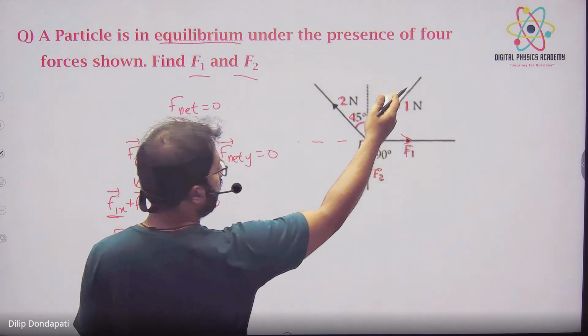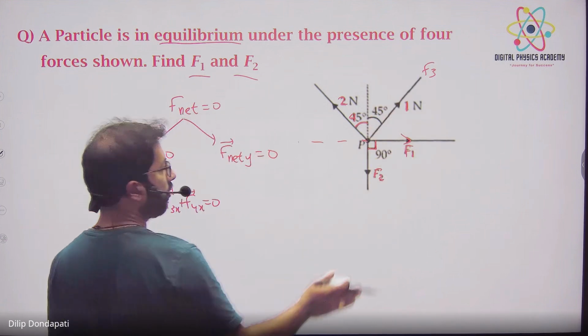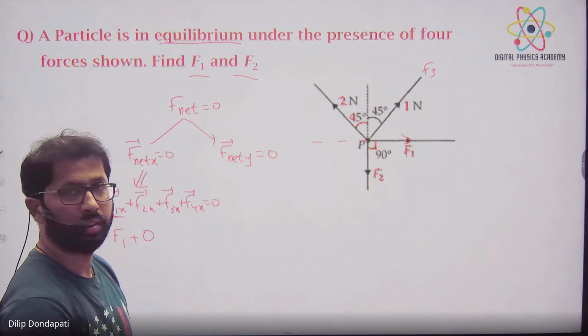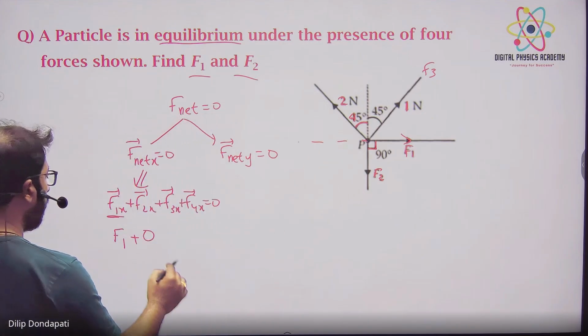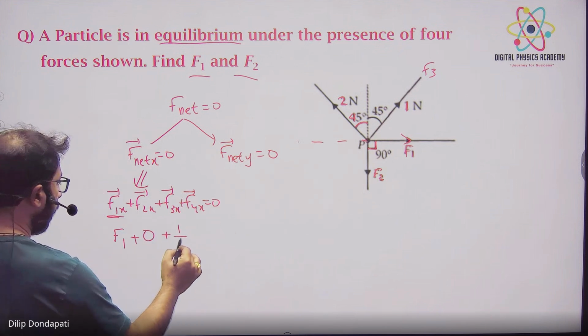Let's say F3 is this one. Take F3x, the x component is how much? Sir, 1 cos 45. No, not one cos. 1 sin 45. 1 sin 45 is 1 by root 2. And that is in the positive x direction, that's why plus 1 by root 2.